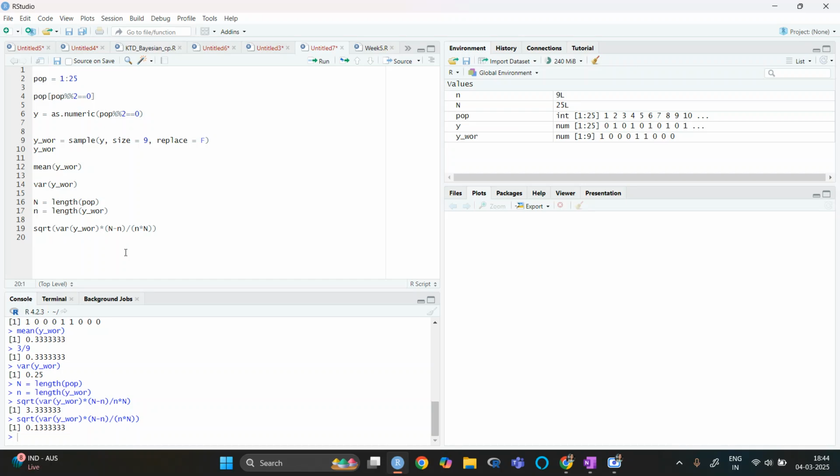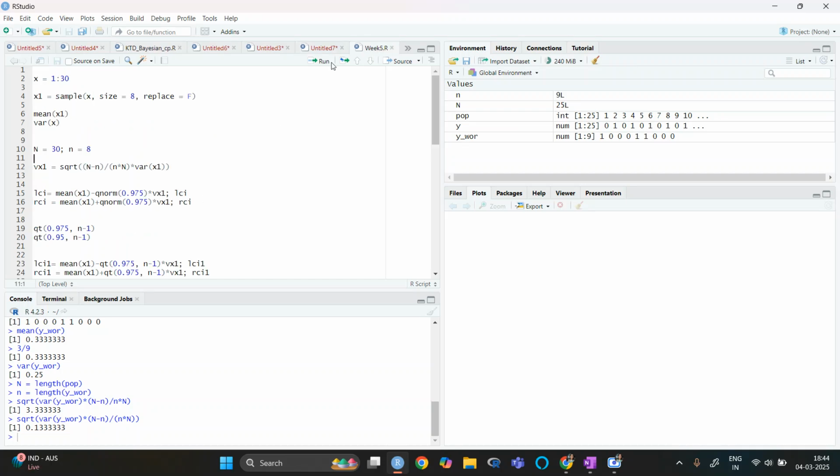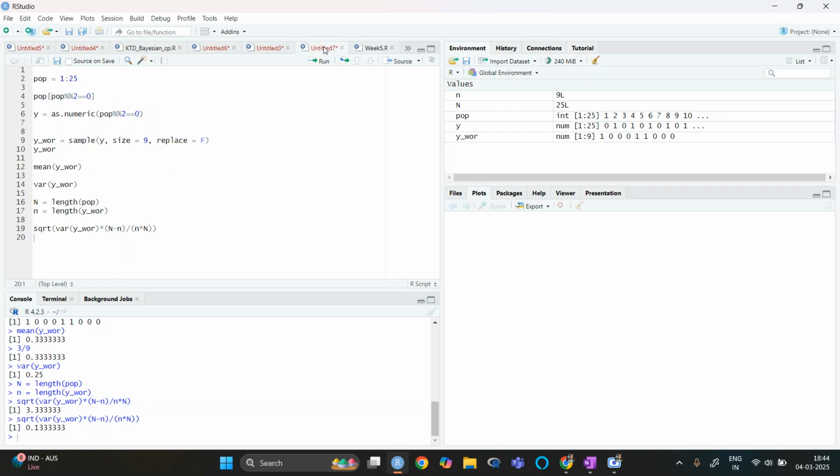The next thing is that in a similar way, we can make the sample of ywr. So let me do it for ywr. I'm not changing the size, so it will remain the same, just changing this.